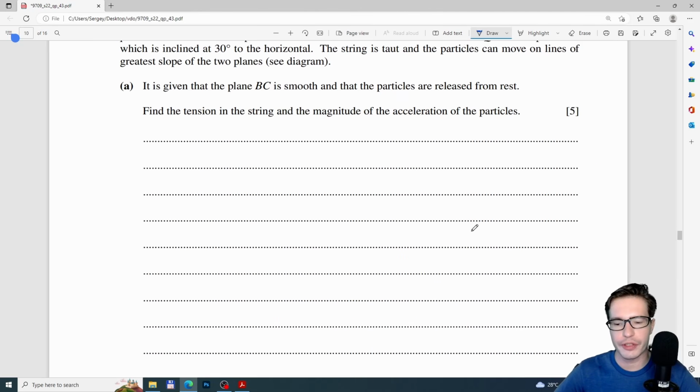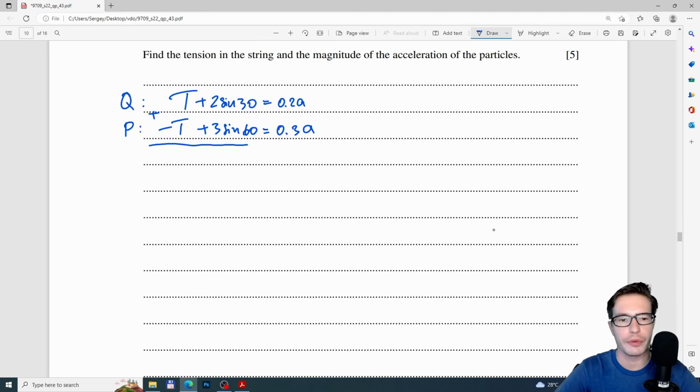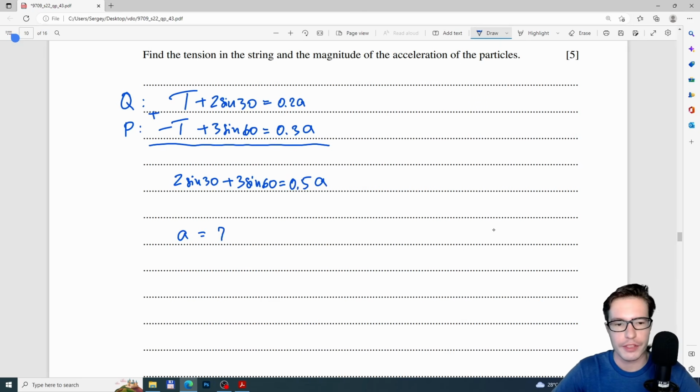Now let's solve these simultaneous equations. Okay, let's add up those equations to get rid of T. And now to find a, we're going to divide everything by 0.5, and we will get 7.196. Let's substitute this into the first equation.